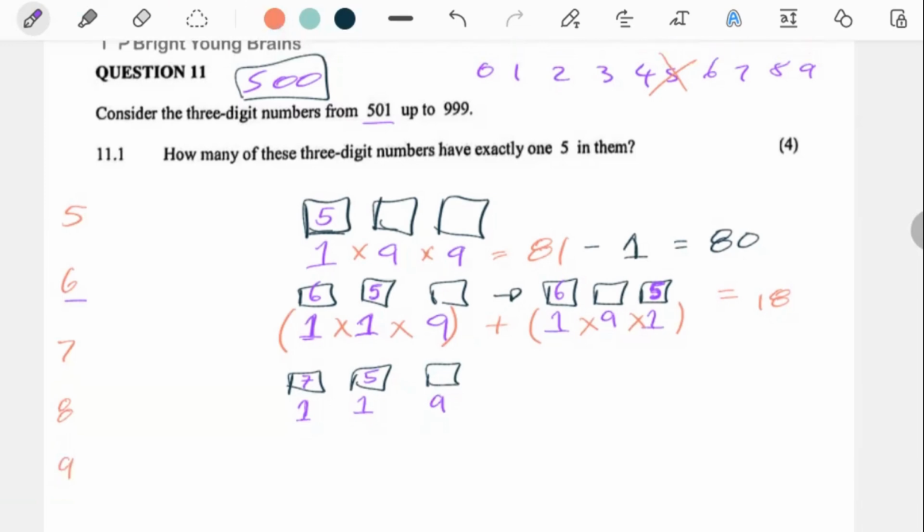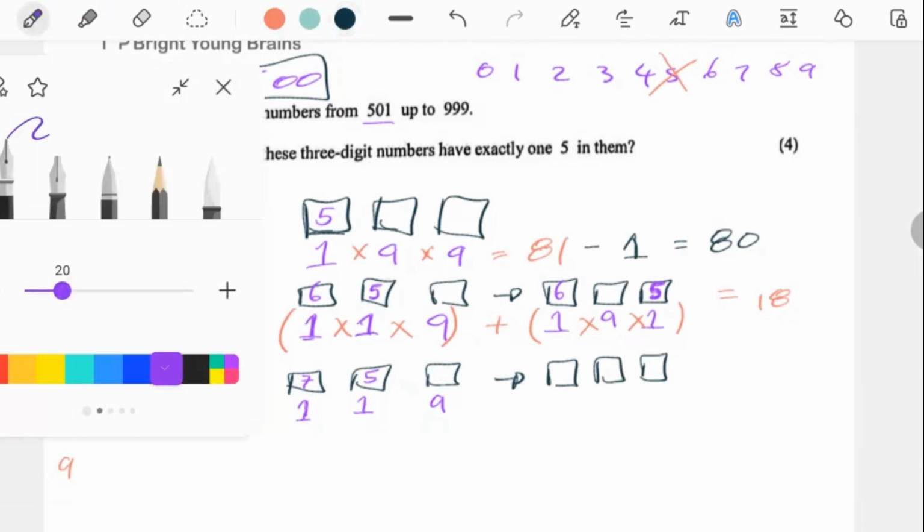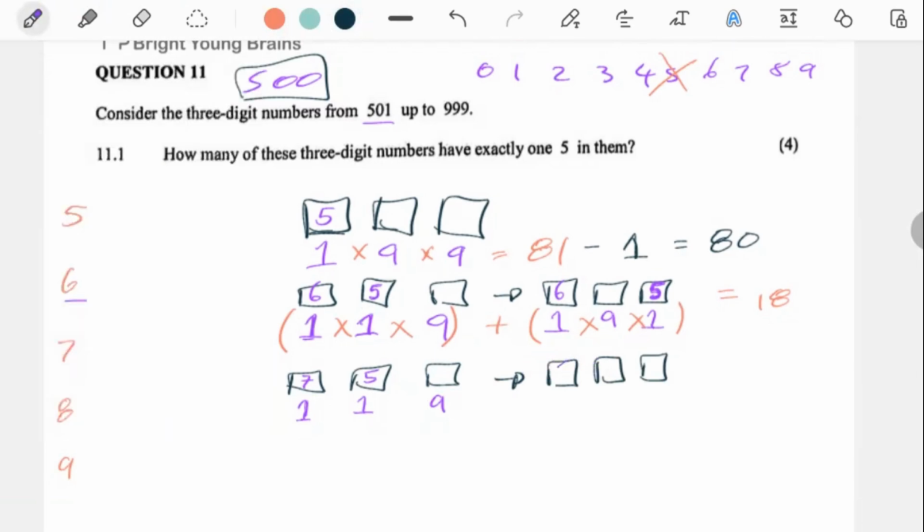Then it also shows us that just like numbers that start with a 6, you have an option where your numbers start with a 7, yes? So it means there's only one option for the start here. And then the numbers that end with the 5, that will be only one option for this slot.